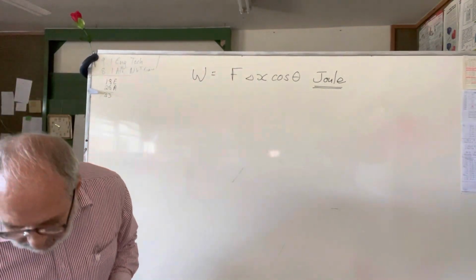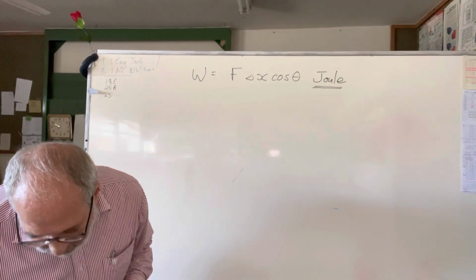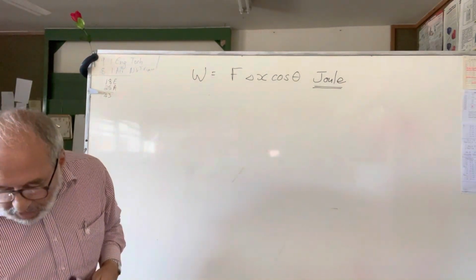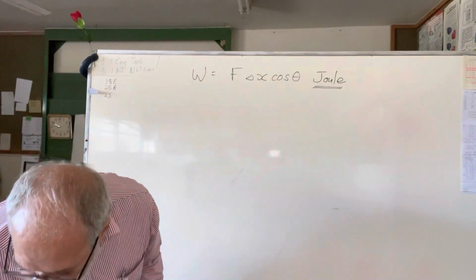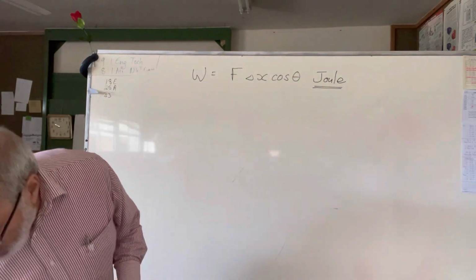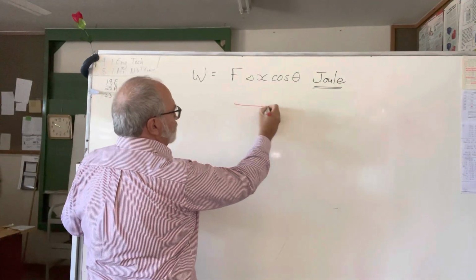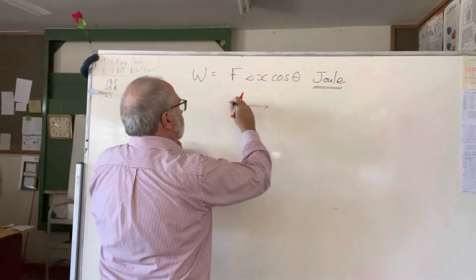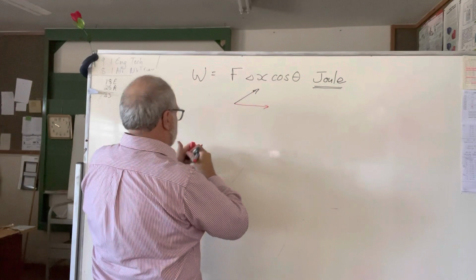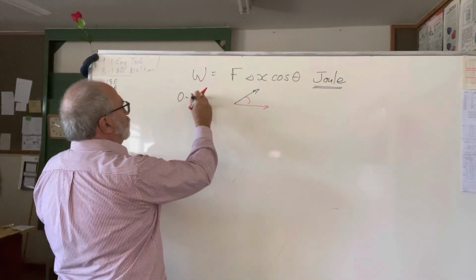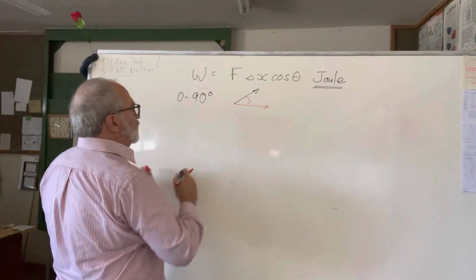What if the angle is a certain, if they're in the same direction between 0 and 90 degrees? Between 0 and 90 degrees, it's just this displacement and this. Naught to 90 degrees.